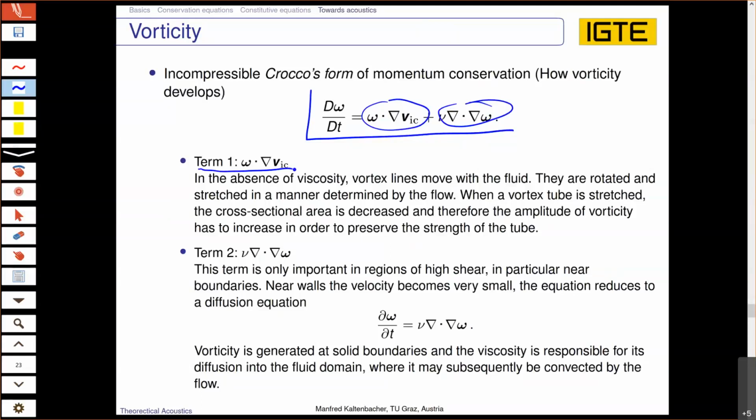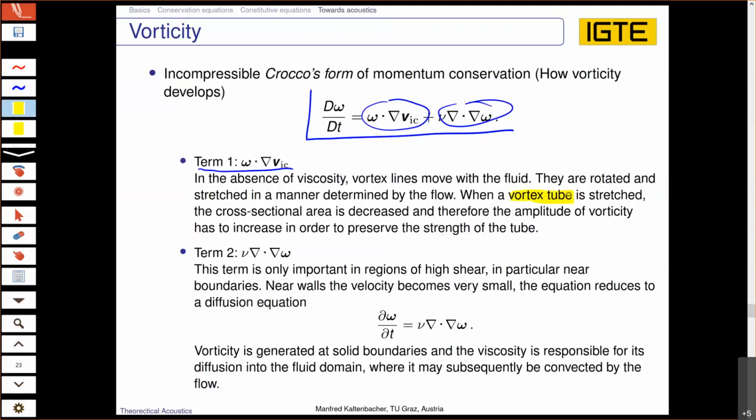And the first term here is the interpretation. So in the absence of viscosity, vortex lines move with the fluid. So if you have a vortex tube, for example, this is also a typical tool to visualize the vorticity.